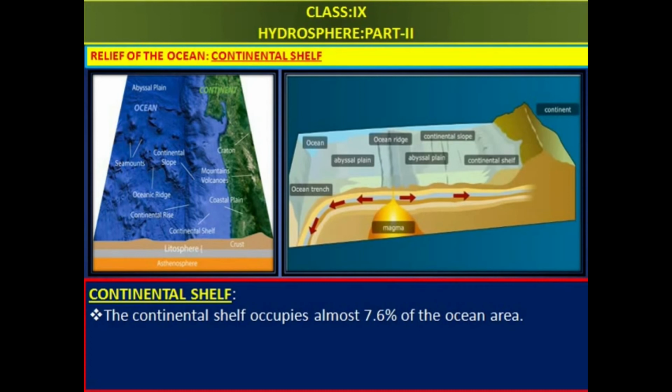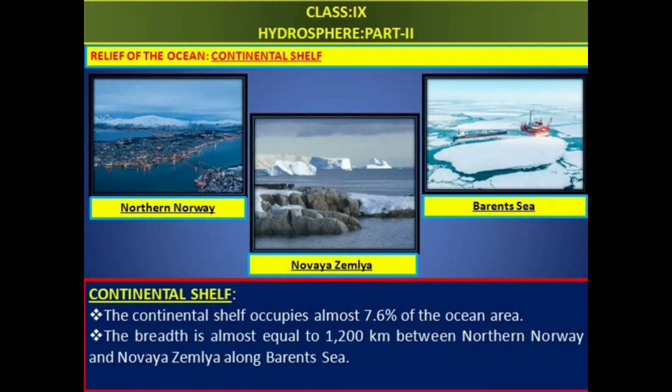The continental shelf occupies almost 7.6% of the ocean area. The breadth is almost equal to 12,000 kilometers between northern Norway and Novaya Zemlya along the Barents Sea.